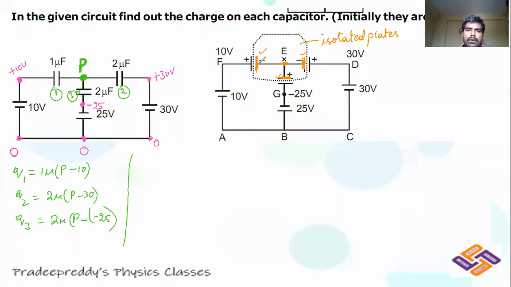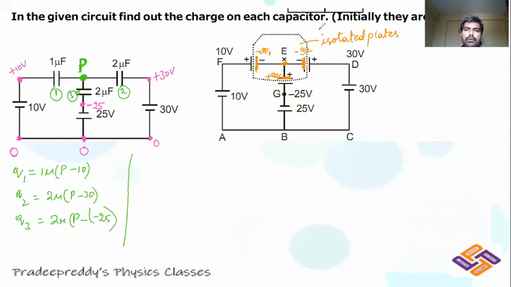Depending upon the charges, I am considering that there is some charge over here. It is Q1 because I am considering it as first. It will be minus Q1. Next, what about the charge here? Definitely it will be minus Q2. And what about the charge over here? It is plus Q3.